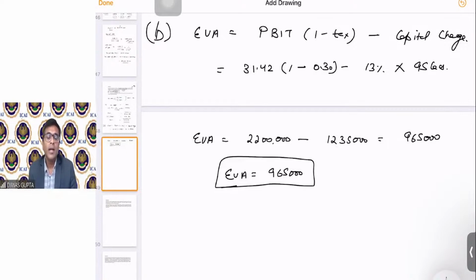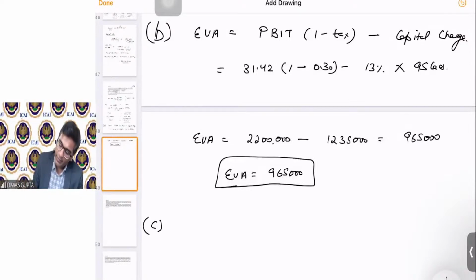Now, the moment you pay anything over and above 9 lakh 65,000, you will end up declining. Reason being, in the next year, you will be operating with lower capital and hence lower growth, because we have discussed that growth is the return on investment multiplied by the amount retained. Okay, so the higher you pay dividend, the lower will be your future earning capacity. So up to the amount of 9,65,000 is what you can pay as dividend. Okay.